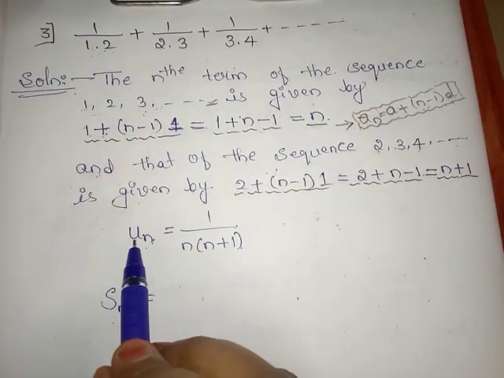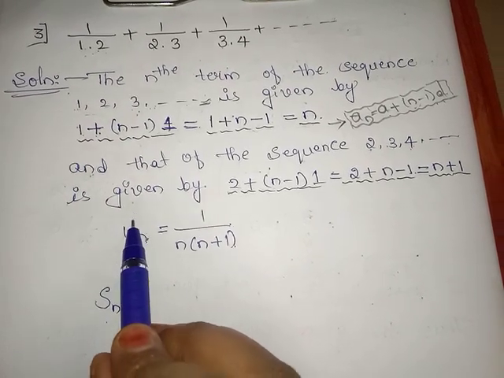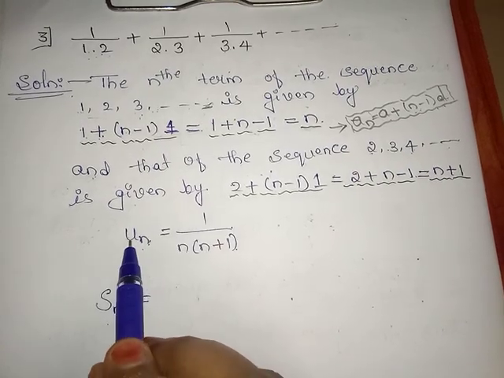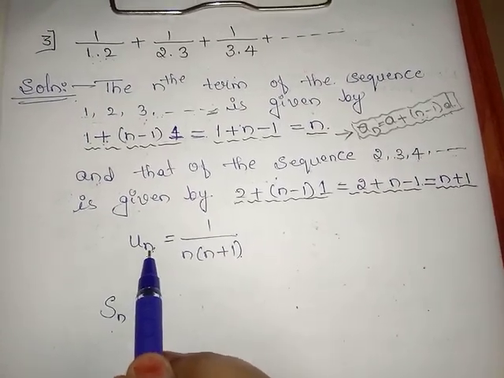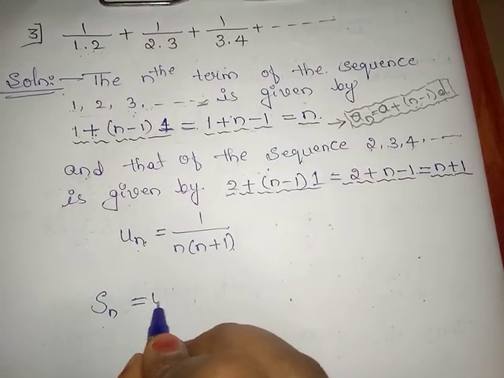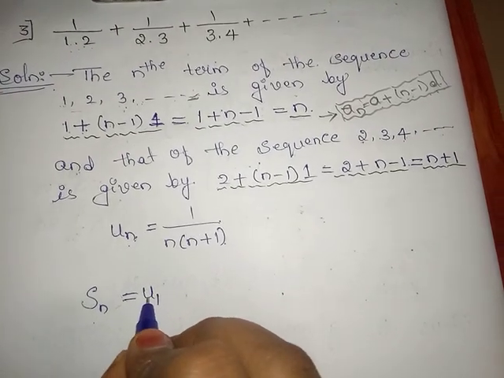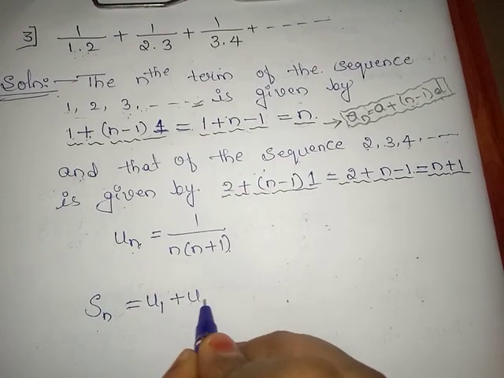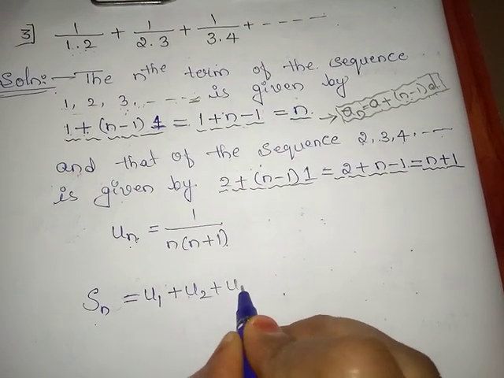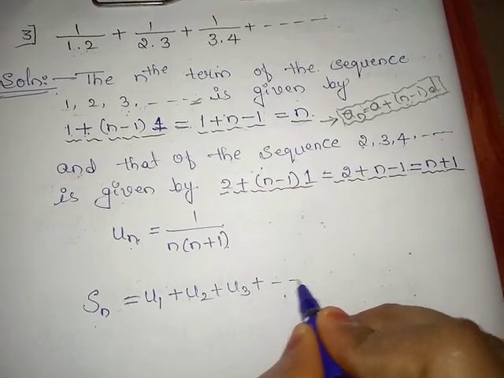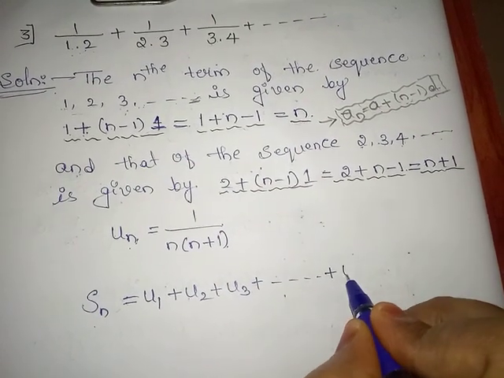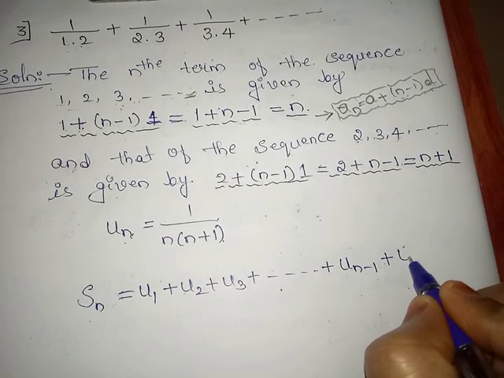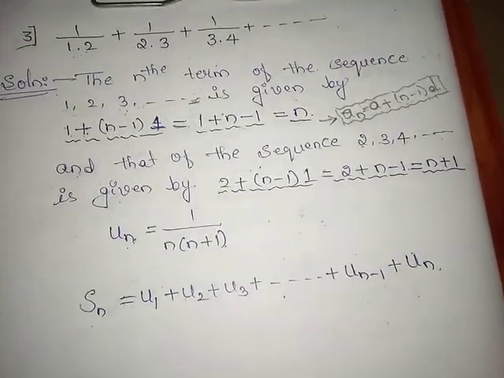As I said earlier, u is a term, and since it's the nth term, I am taking it as un. When I write like this, u1 means the first term, u1 plus u2 plus u3 plus so on to plus un minus 1, means before the nth term it will be un minus 1 and un.